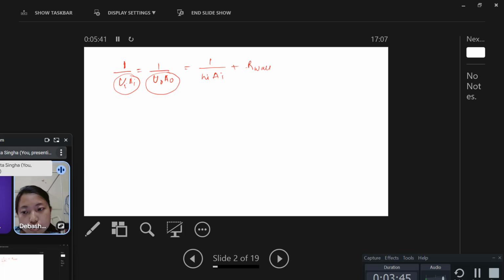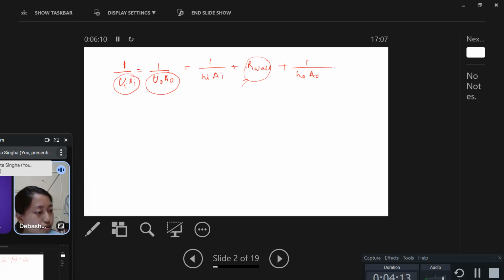Here the resistance due to conduction will also come, if we consider the resistance of the wall, then 1 by h naught A naught. Sometimes you may consider it, or sometimes you may not, depending on the question. One question sir has done in the lecture, where he did not consider this R wall, the resistance of the wall.